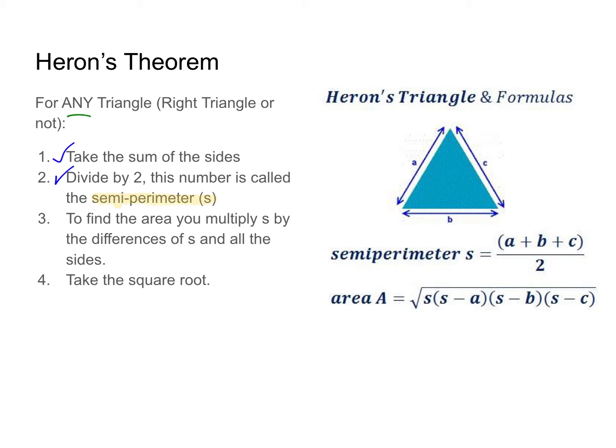For short, we call it S. So now to find the area, you take the differences of S and all the sides, multiply it by S, and then take the square root. That will give you your area.